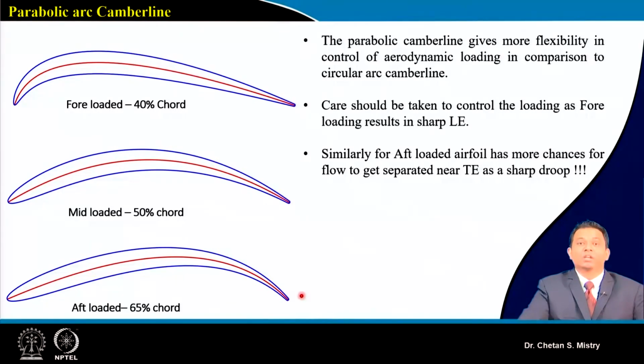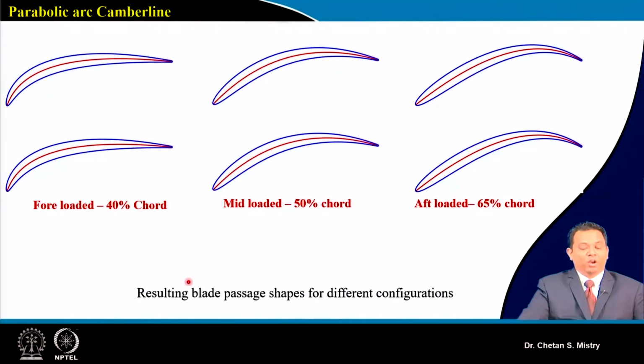Here, this is also an aerofoil people use when they are looking for an aft kind of configuration. Here you can understand, if the flow is not well managed, there may be chances of flow separation happening near the trailing edge.